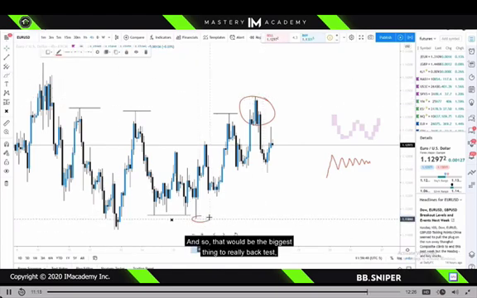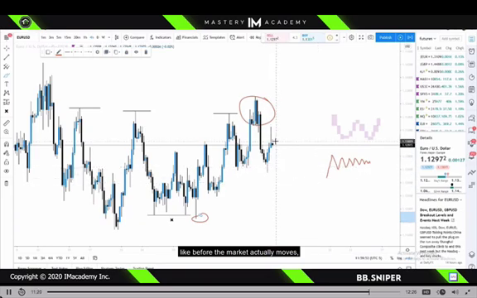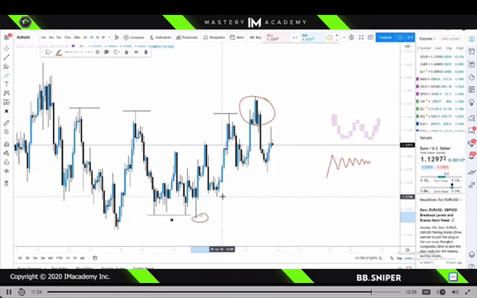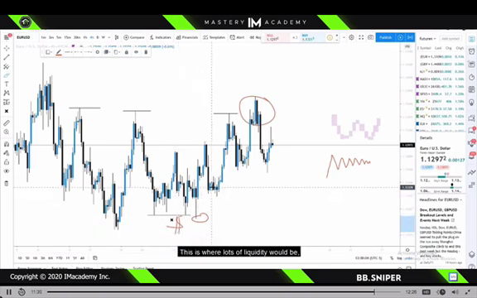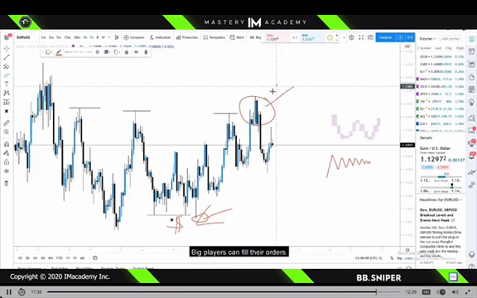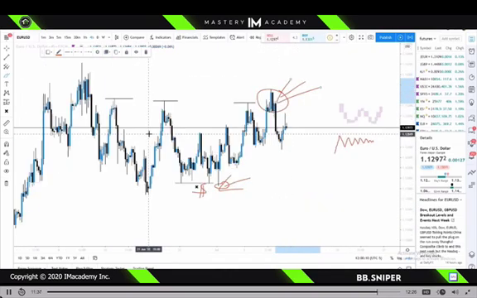Okay, and so that would be the biggest thing to really backtest. Like before the market actually moves, does it raid a high, raid a low? Because this is where lots of stops would be. This is where lots of liquidity would be so that big players can fill their orders.